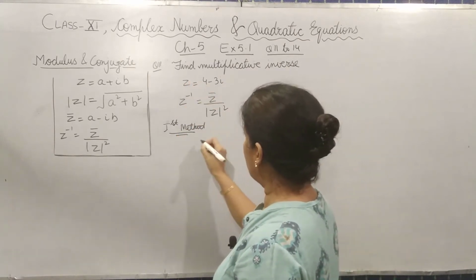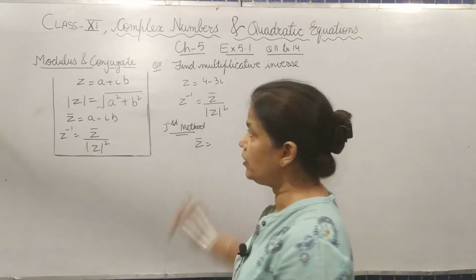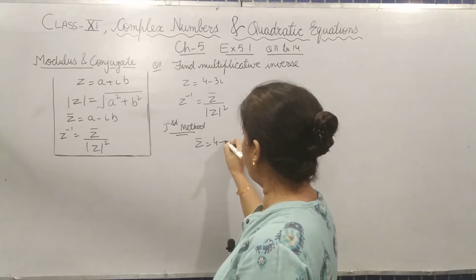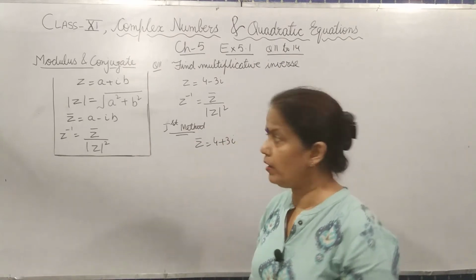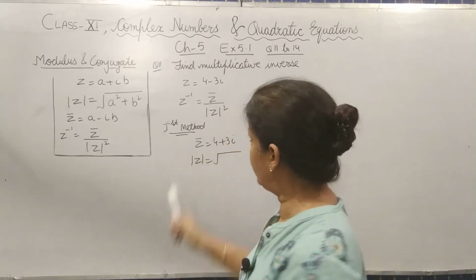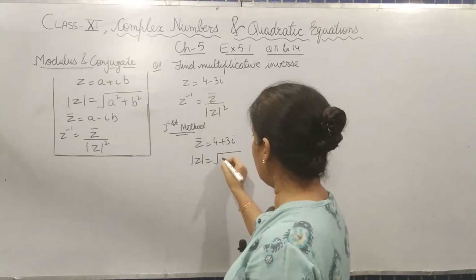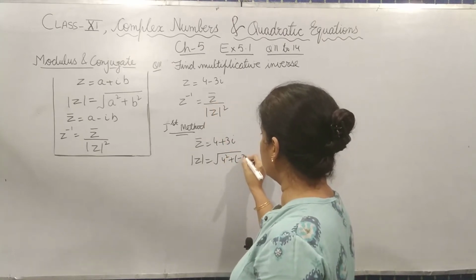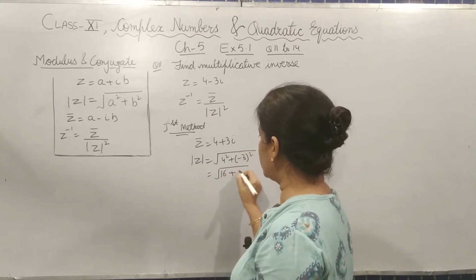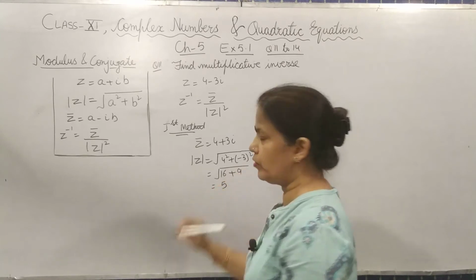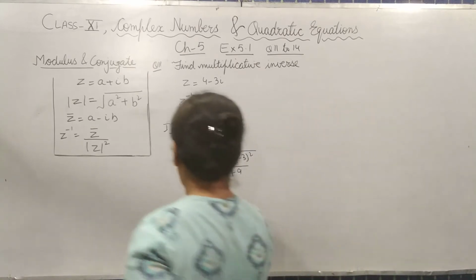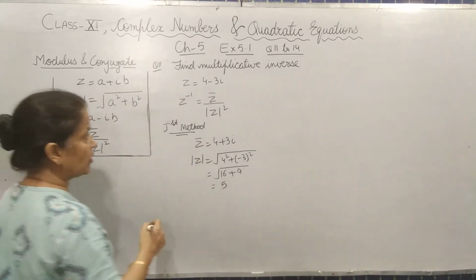This is z. So what should be z bar? z bar means a minus iota b, which means 4 plus 3 iota. This is z bar, and the modulus of z is the square root of a square plus b square. So it is 16 plus 9, which is 25, square root is 5. So you have to find the modulus of z square.